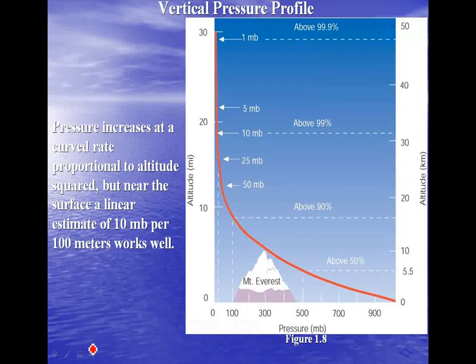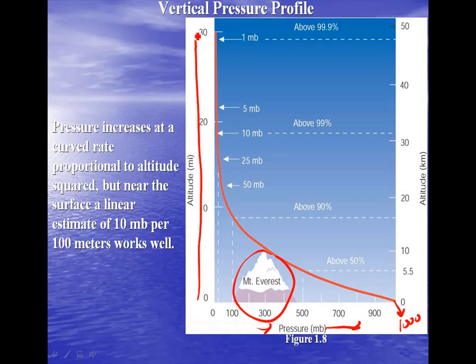So let's take a look at the vertical profile of pressure here. As a reference, we have Mount Everest shown here. And you see that pressure at the surface is right around 1,000 millibars, because on the x-axis here we're measuring pressure in millibars, and the y-axis is altitude, how high we go up into the atmosphere.